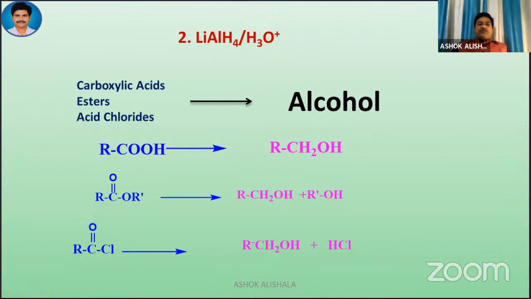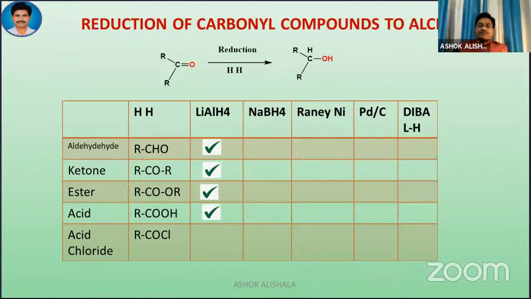Okay, I want to give you a very important table, a chart. A very important chart. This is very useful to you for all competitive examinations. And here, the carbonyl carbon is changed to alcohols. This is going to be the alcohol, either it is aldehyde or ketone, whatever it may be.